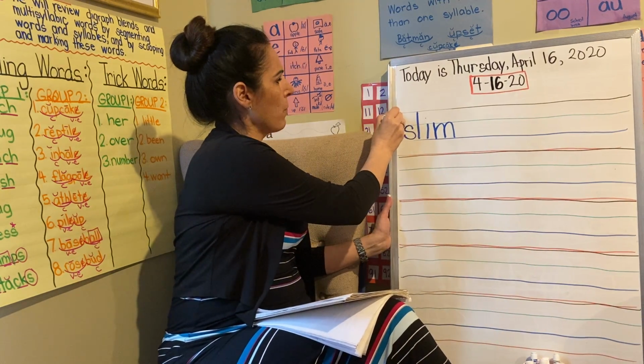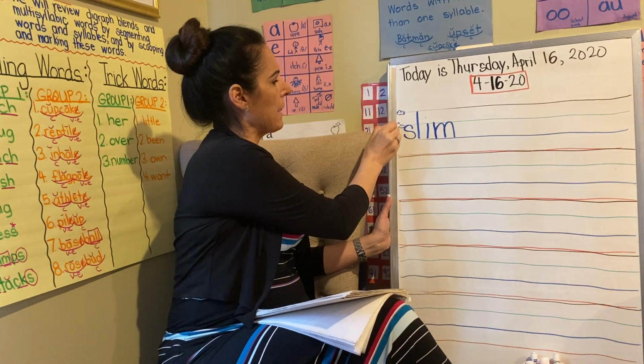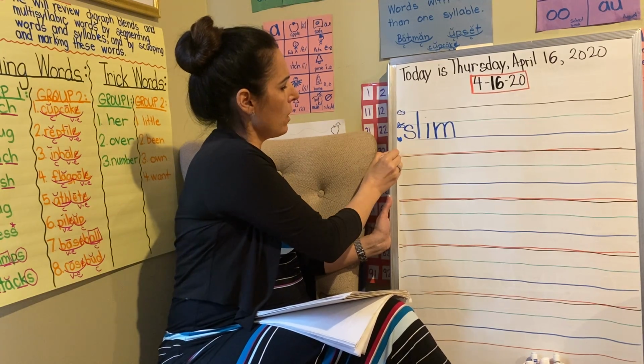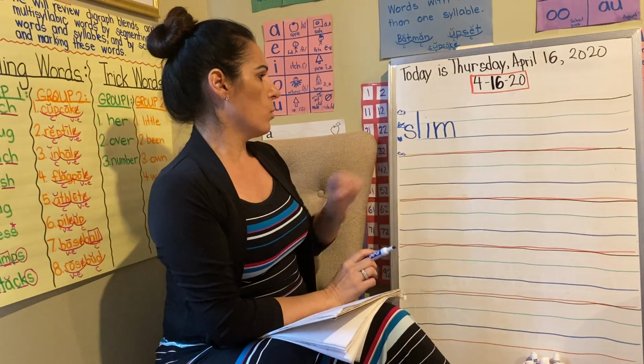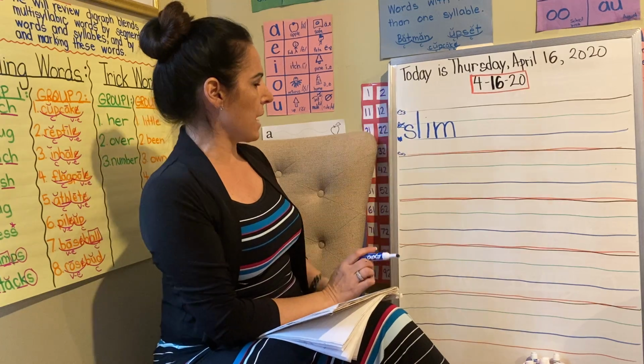Remember, the top line we call the skyline. The middle line we call the plain line. The bottom line we call the grass line. And the underground line we call the worm line. The word slim, all of the letters stay between the grass and the skyline.